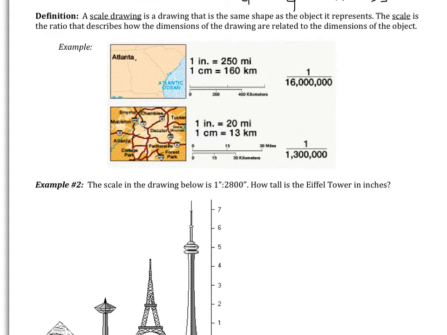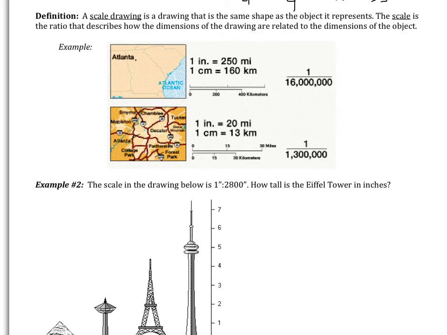A scale drawing is a drawing that is the same shape as the object it represents. The scale is the ratio that describes how the dimensions of the drawing are related to the dimensions of the object. Probably one of the most common examples of a scale drawing is a map. A map represents the actual geographical state or country that it's really a drawing of.